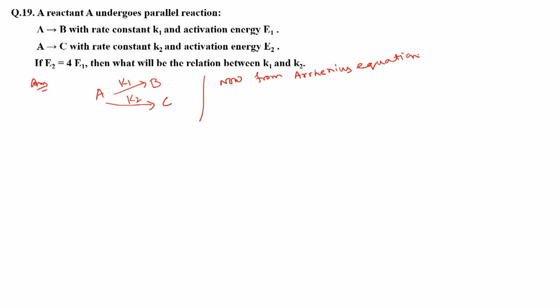you can write K1 is A1 times e to the minus Ea for reaction 1 by RT, and K2 is A2 e to the minus Ea2 by RT. So this is equation 1 and this is equation 2.